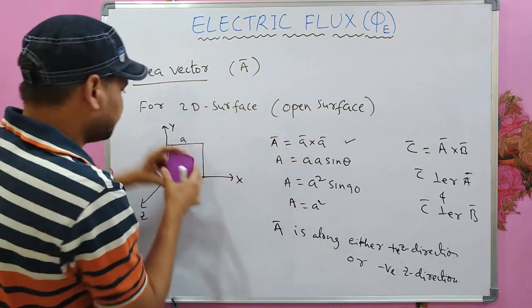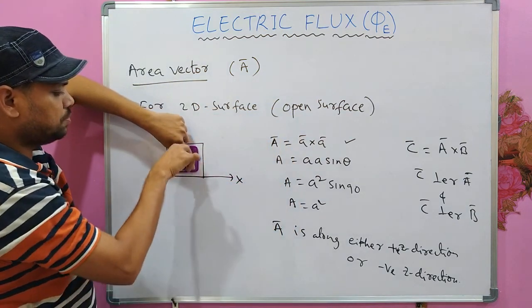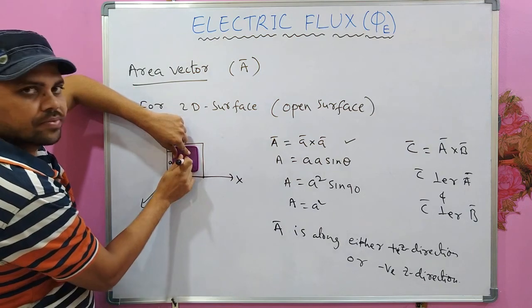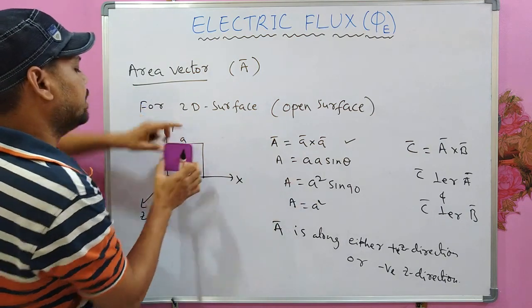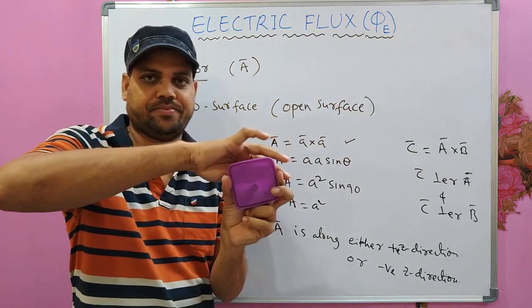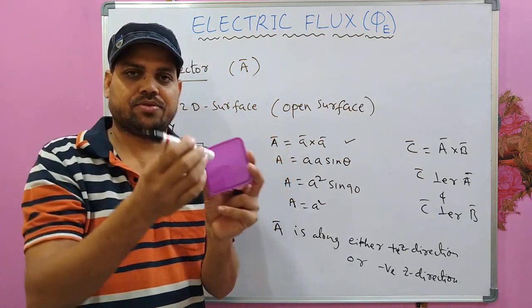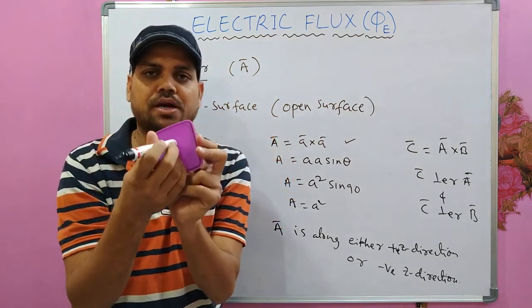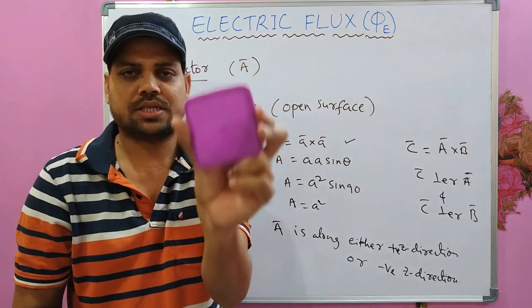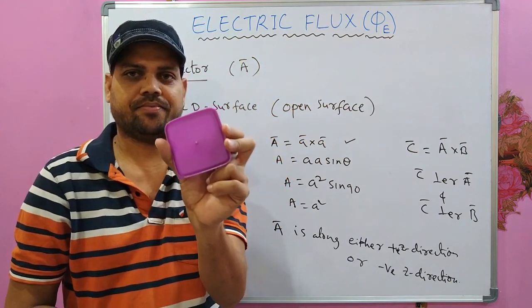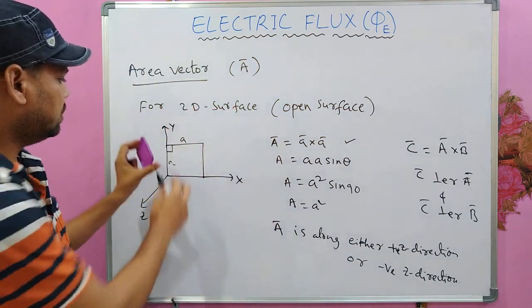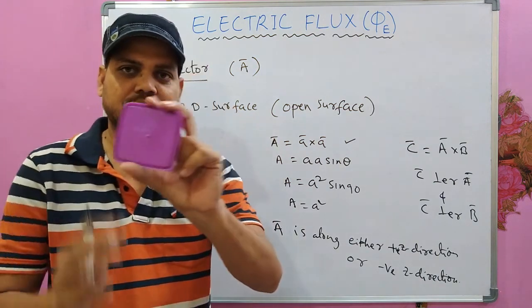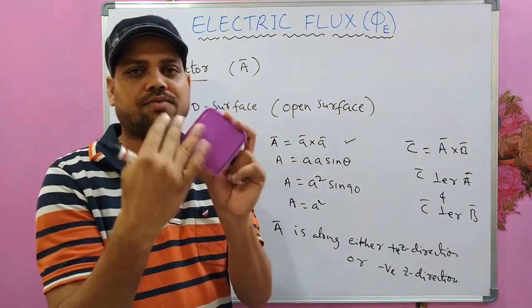If this is in the xy plane, this would be z, and z can be either the positive direction or the negative direction. So the area vector is normal to the plane of the surface. This is about this square, which is a 2D surface, an open surface.